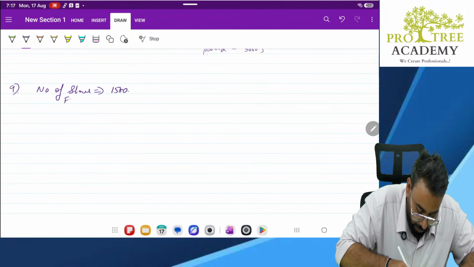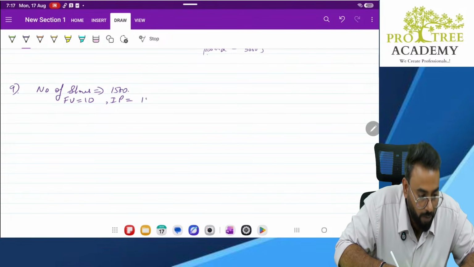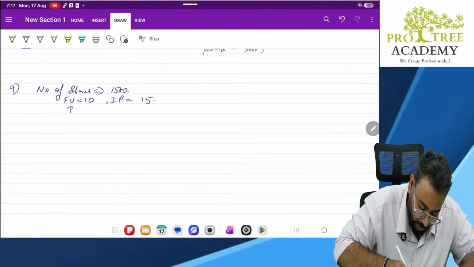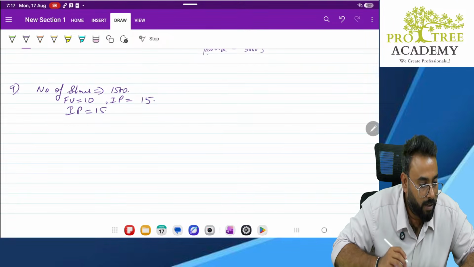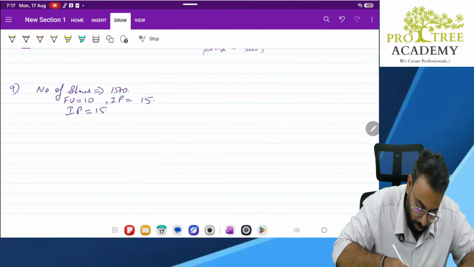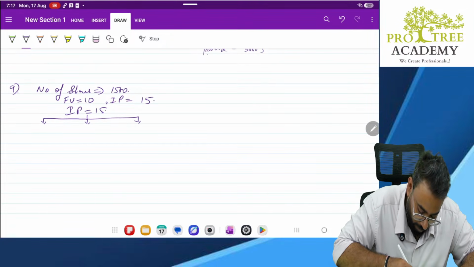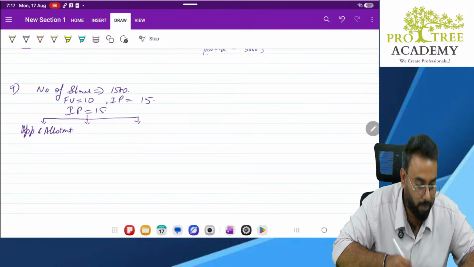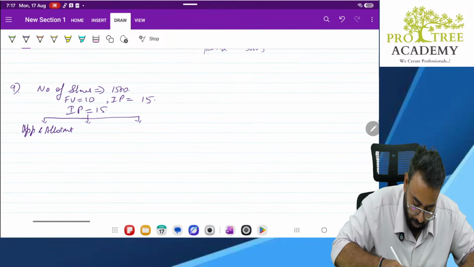Yes. Face value is equal to 10. Issue price is equal to 15. This issue price 15, out of this, split: application and allotment. Why are we writing in one, sir? Because we don't have the information. First call, final call.